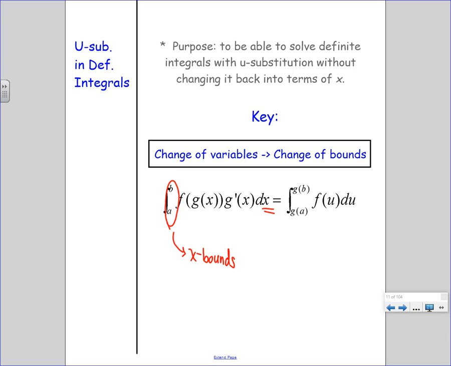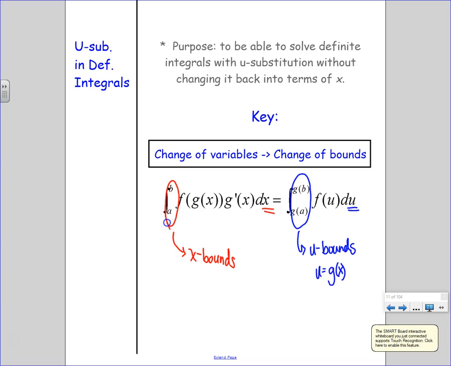So everything's in terms of x, including the bounds. I'm doing u sub, but if I'm going to write bounds, to legally write bounds, I have to find u bounds. And u bounds in this one. U was the inner function, if you notice over here.